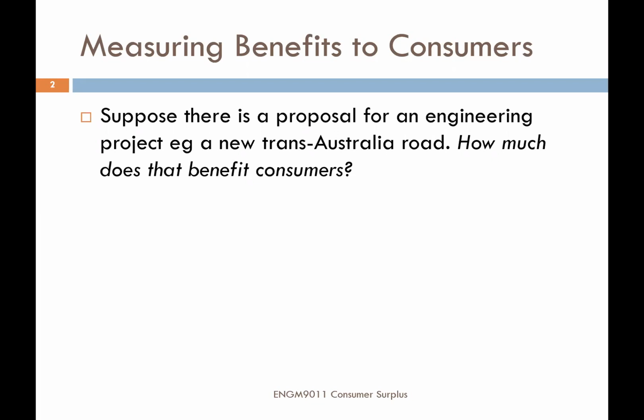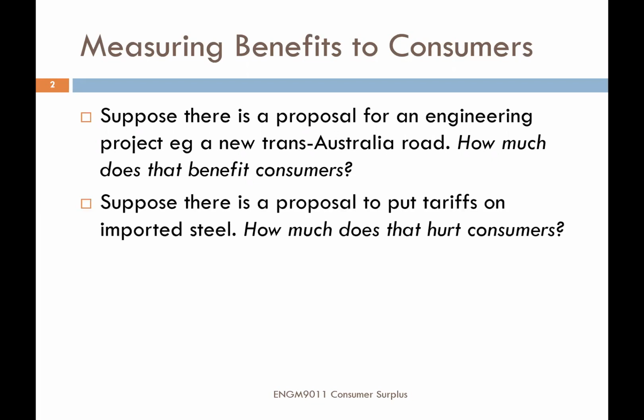So how much does that benefit consumers, right? Or, for example, suppose we put a tariff on imported steel. Now, tariff just means that it's a tax on an imported good, right? So we put a tax on steel, but it's only on imported steel. It's not on domestic steel, right? That's what a tariff means.